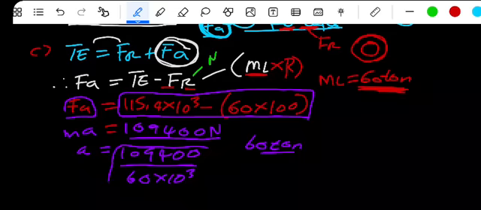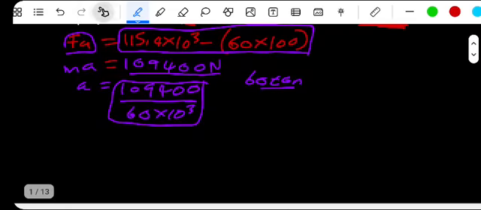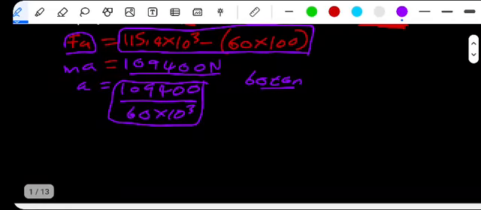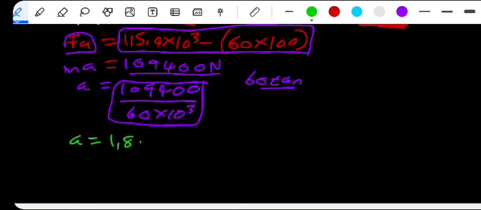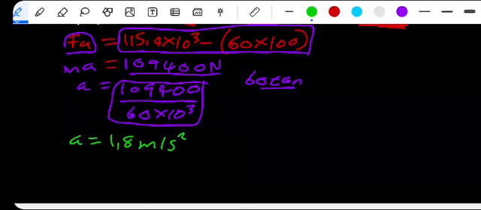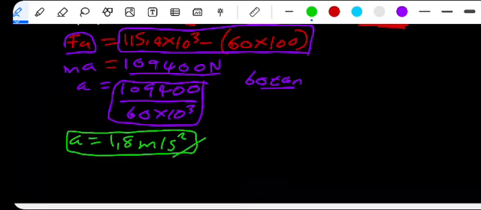Then we punch this and nicely obtain our acceleration, which will be 1.8, measured in meters per second squared. This is our acceleration. All right, so we're done with that.